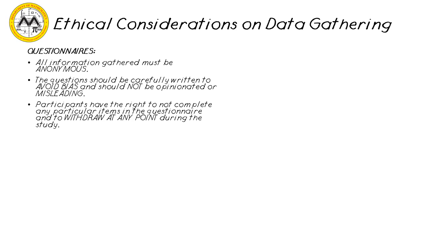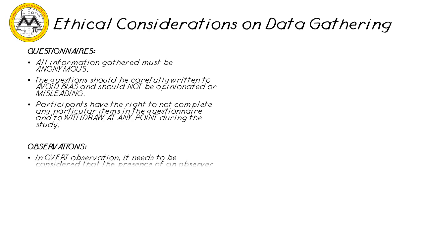For observations, in overt observation, it needs to be considered that the presence of an observer may be threatening and may exert an influence on behavior. So the observation should not be overt or should not be threatening, as it may change the behavior of your respondents.